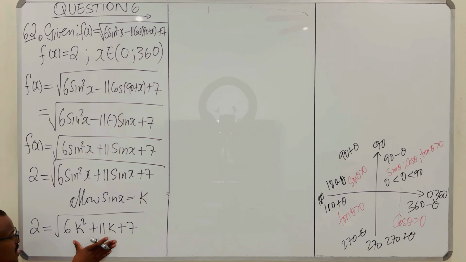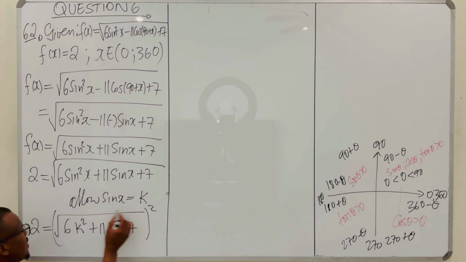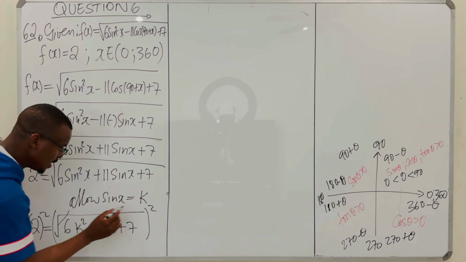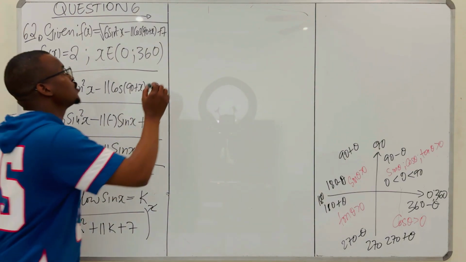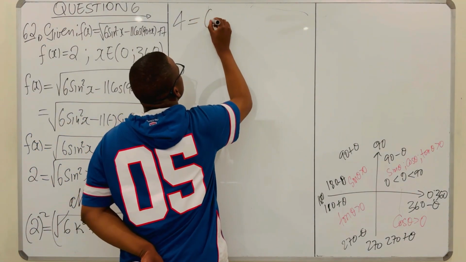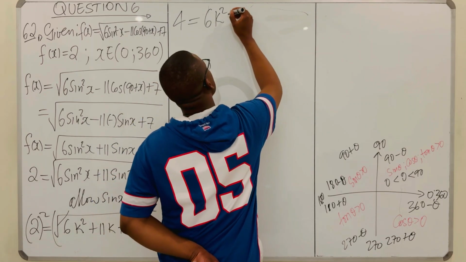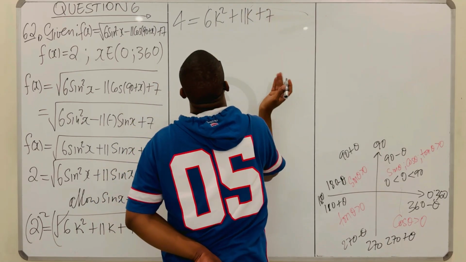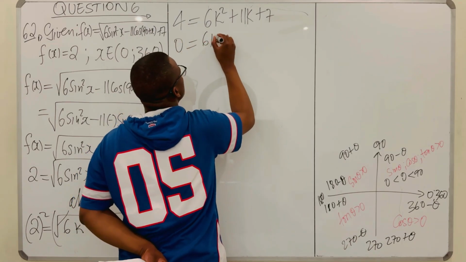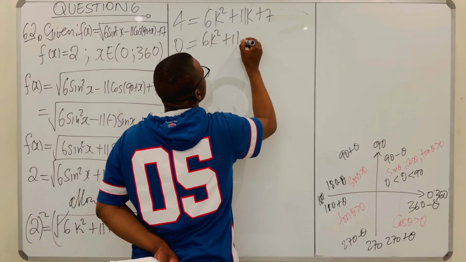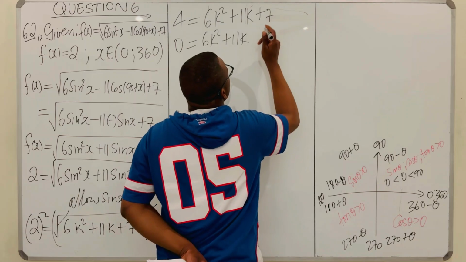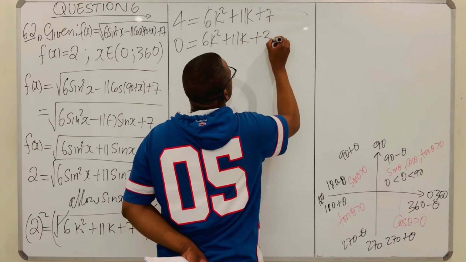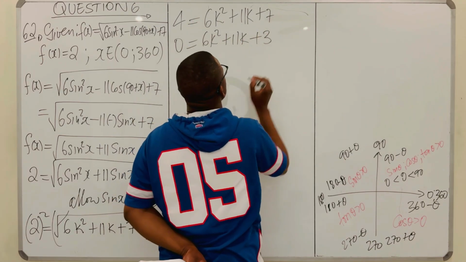This looks like question 1. So you square both sides, and the root goes away, so this will be 4. We have 4 is equal to 6k squared plus 11k plus 7. Solve for k: 0 is equal to 6k squared plus 11k plus 3, because 7 minus 4 is 3.